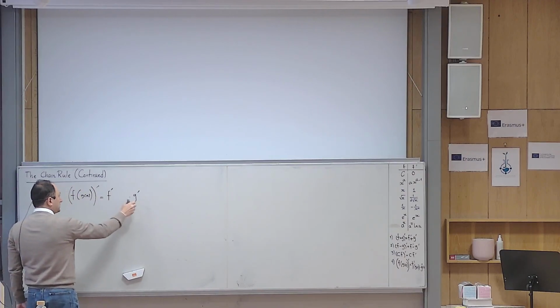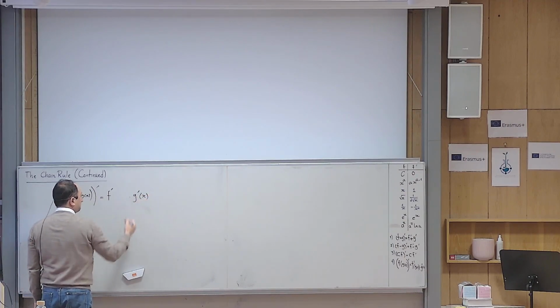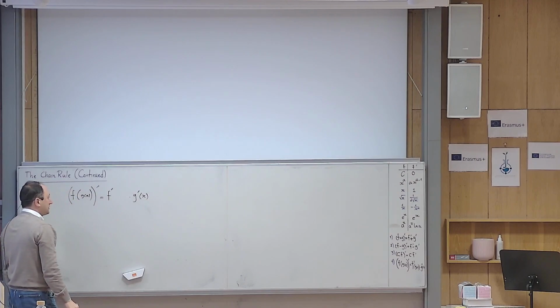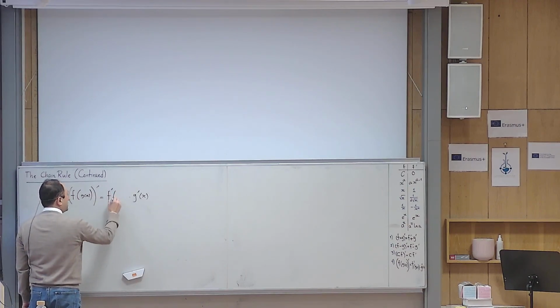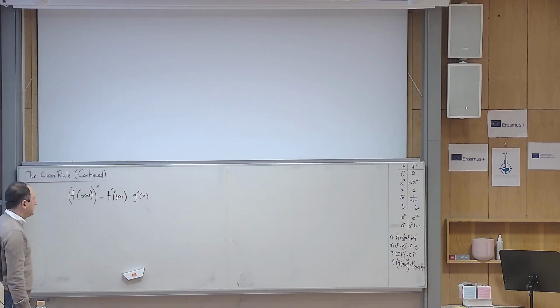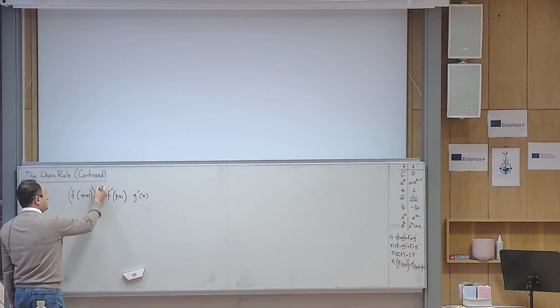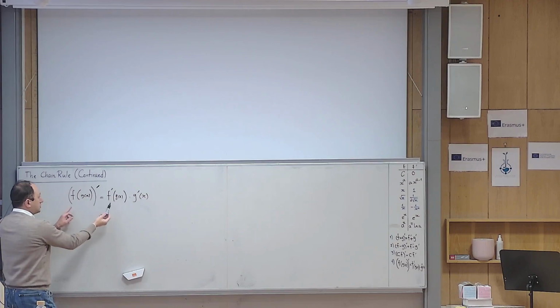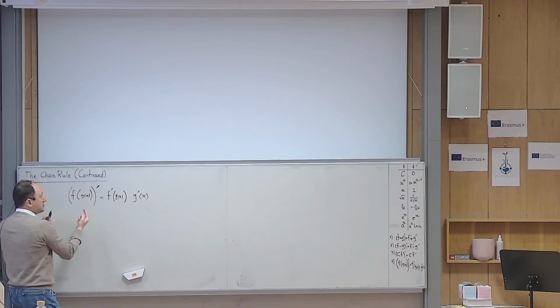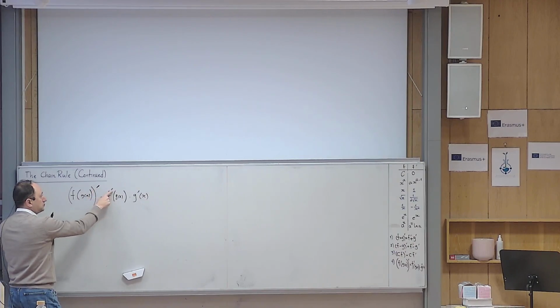For the inner function, you don't need to be very cautious. That is just g prime of x as usual. But this one is not f prime of x, it is f prime calculated at the inner function g of x. Okay? So when I write the chain rule in this way, it matters if you put the prime up there, or you put the prime on f.